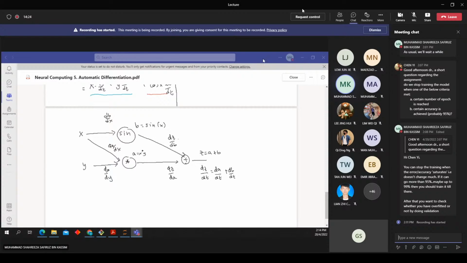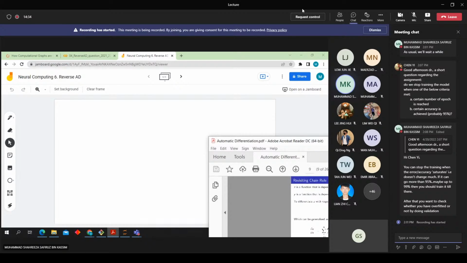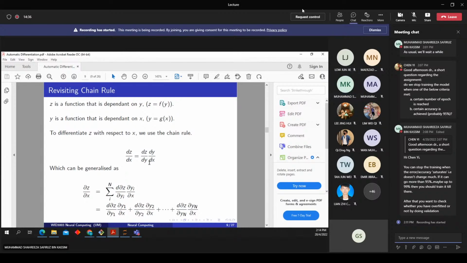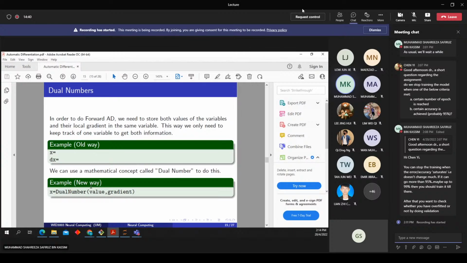We've done the lab as well, the tutorial for the forward AD, where we used the concept of dual numbers, where we stored the values and the gradients.